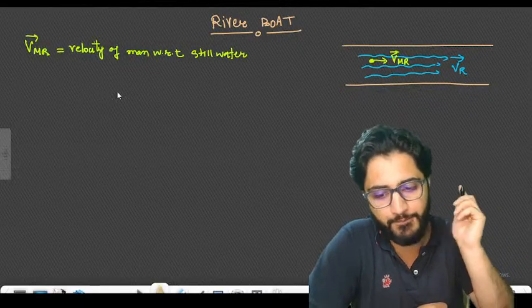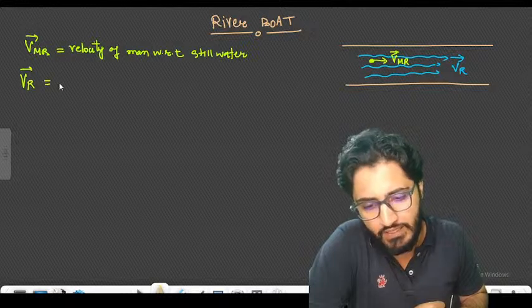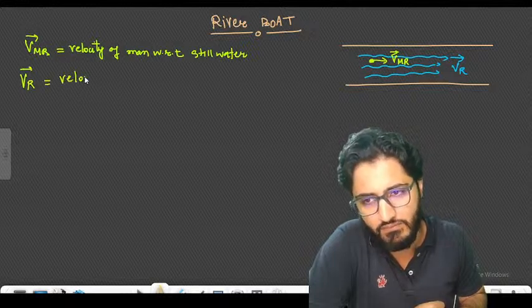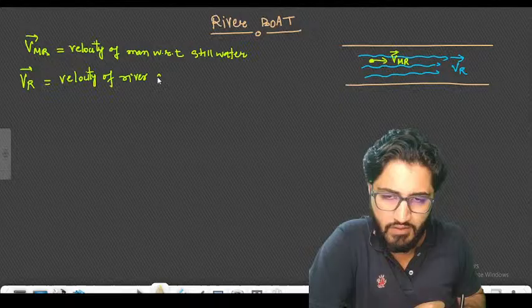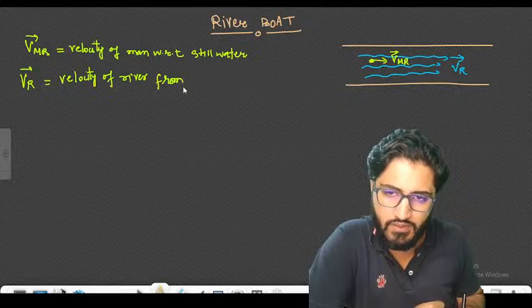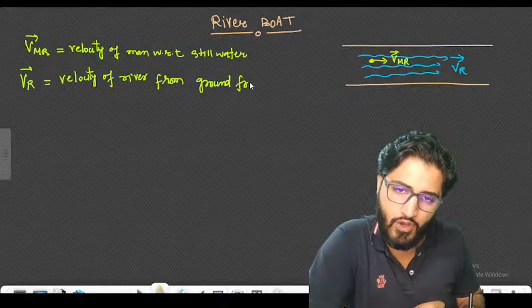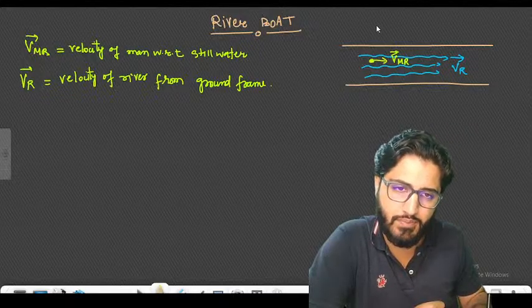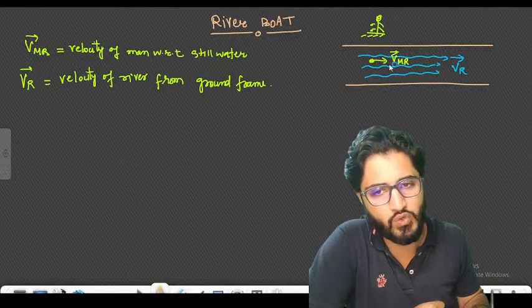And what is VR? VR is the velocity of river from the ground frame. That means if somebody is at a particular point, for this person the river is going with speed VR.